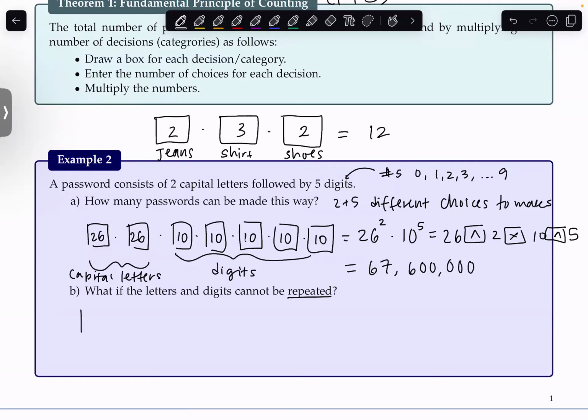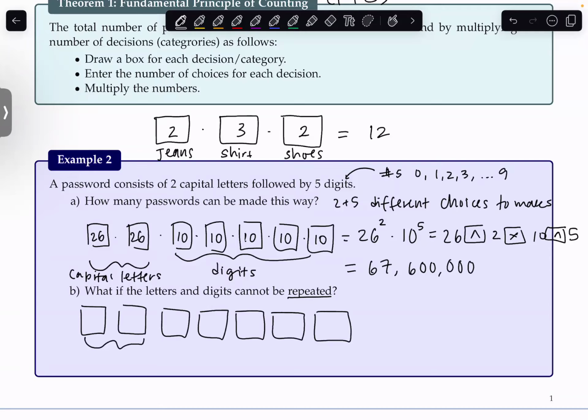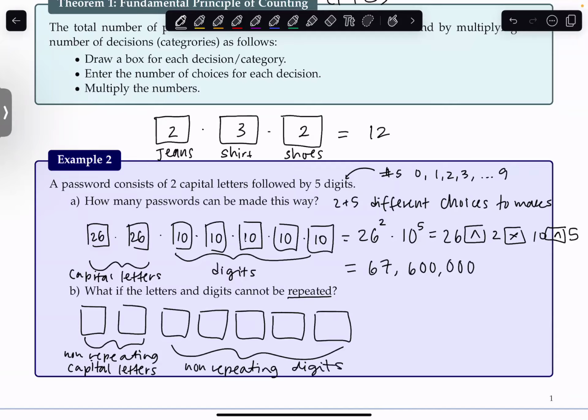Okay, so we still have the same 7 choices to make. Again, I have non-repeating capital letters. And then I have non-repeating digits. And this is going to work slightly differently. And so here, let me just start from the left.